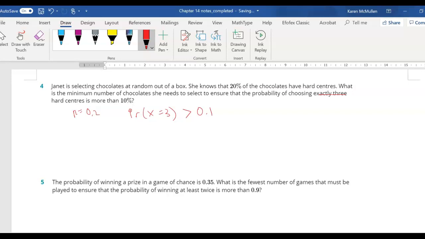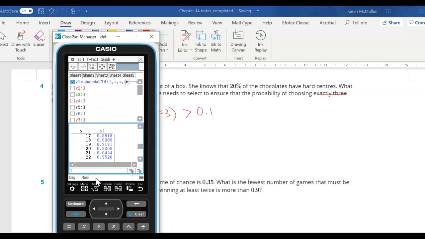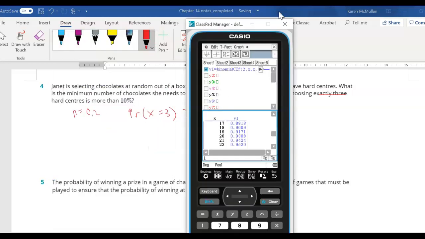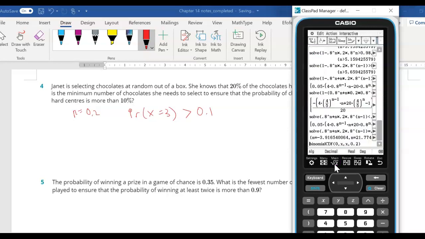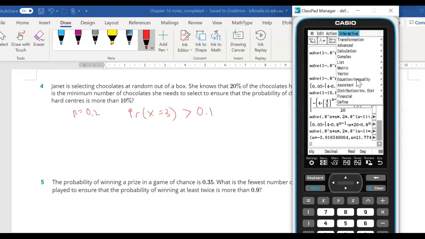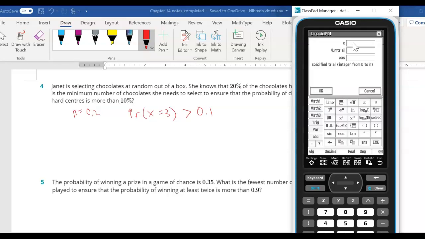Now I haven't done this yet on the calculator, but let's just see how we go. Just move my calculator over here. So this is a binomial CDF. So I might just go back to my main screen. Just clear that. All right, so interactive distribution. So x is 3, number of trials is n, and the probability of success is 0.2.